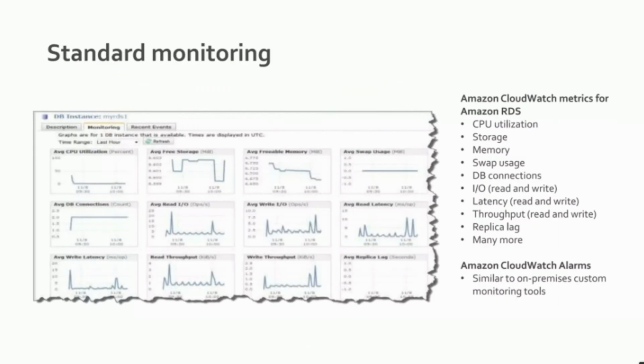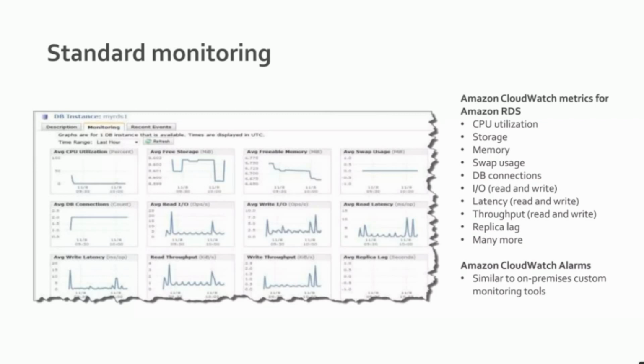Monitoring. Whenever we set up any infrastructure, the first concern is about security and monitoring. These are the custom metrics, or we can say the monitoring metrics, managed through Amazon RDS: CPU utilization, storage, memory, swap, DB connections, input output, latency, throughput, and replica, and many more.